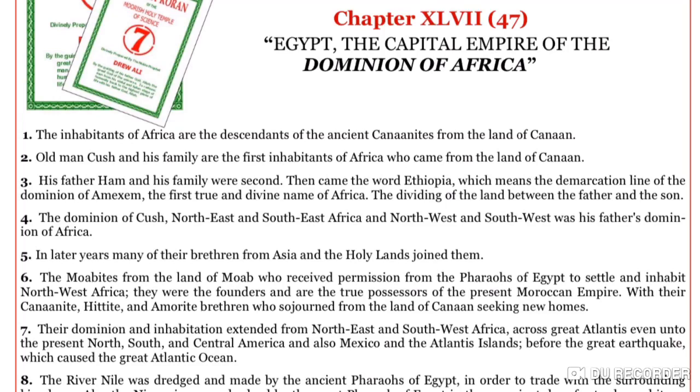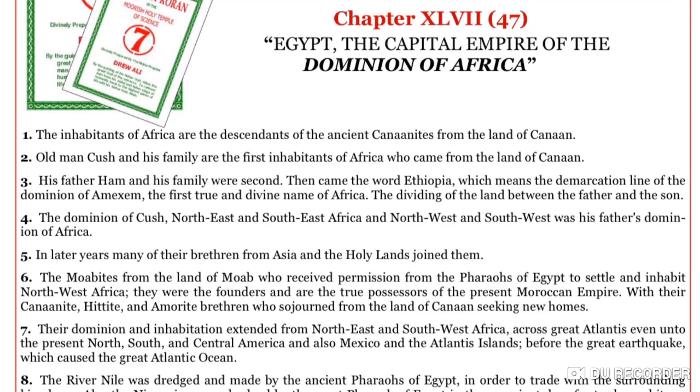Mizraim, Cush and his family are the first inhabitants of Africa who came from the land of Canaan. His father Ham and his family were second. Then came the word Ethiopia, just like we see on that map, which means the demarcation line of the domain of Amexem, first true and divine name of Africa.